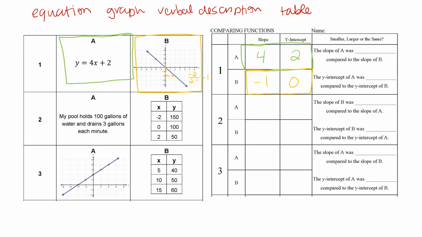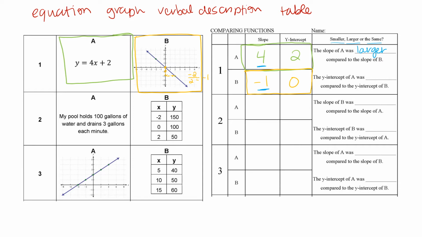Now I'm going to compare these numbers. If I look at the two slopes, the sentence says the slope of A was blank compared to the slope of B, and I'm going to fill it in with smaller, larger, or the same. The slope of A, 4, was larger than the slope of B, -1, because 4 is larger than -1.